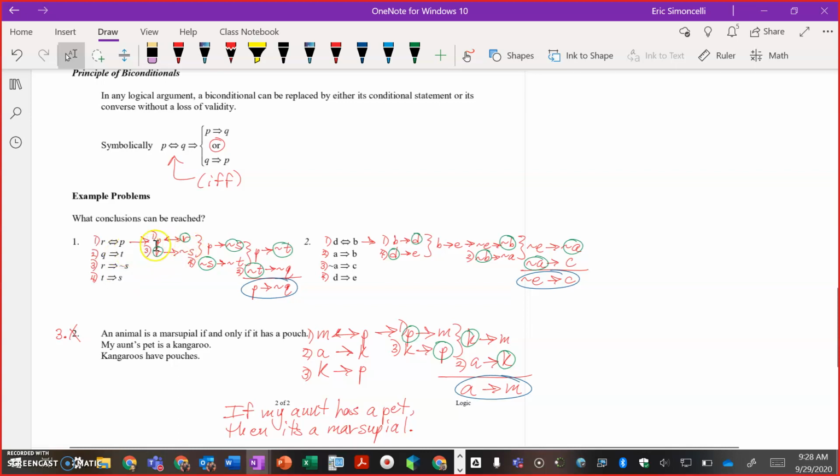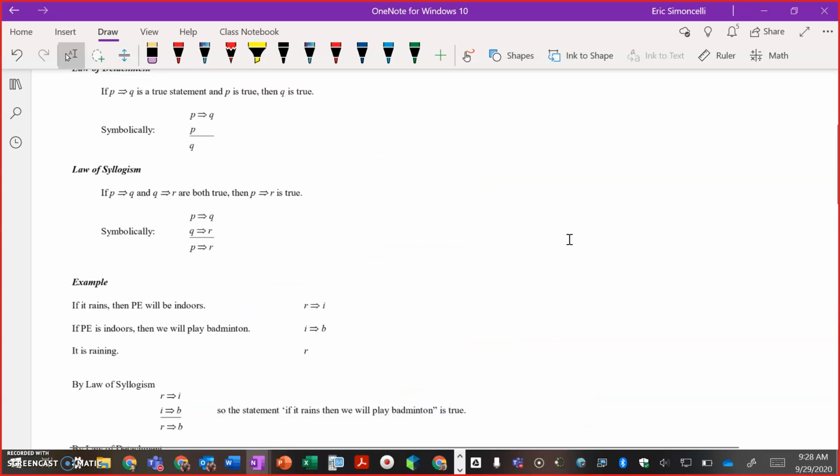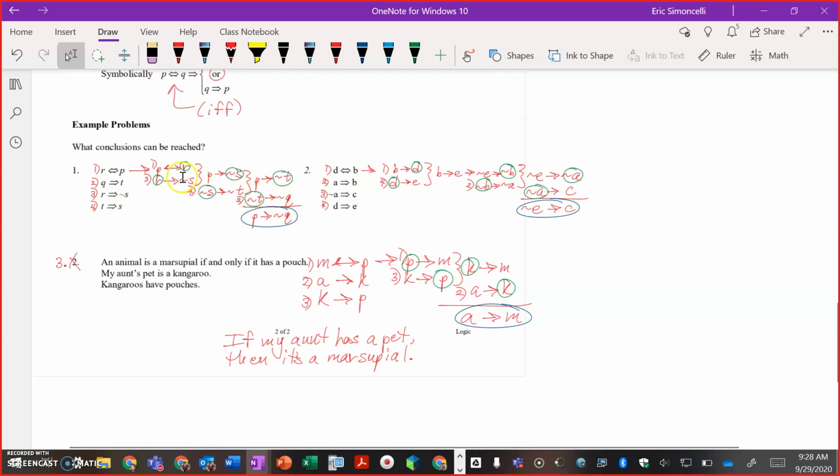I flipped the first statement correctly because it's still true, and I've left the third statement, numbered for you, such that these two letters are the same. If you reflect back on the law of syllogism, this is precisely what it's calling for. So we can now say P, then not S, which is this conclusion.